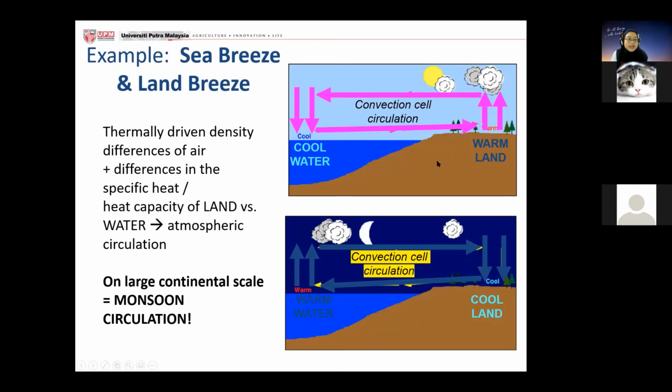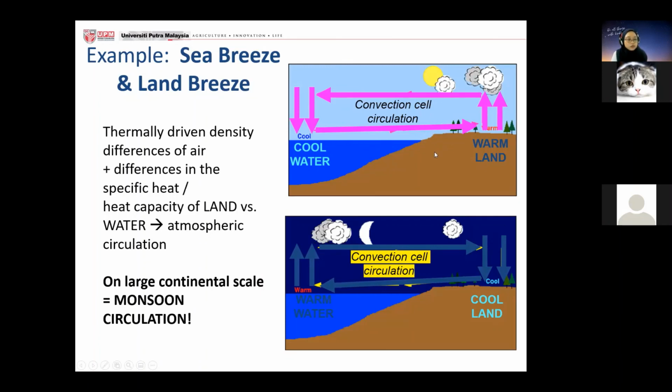So what is happening during the day, where if you remember, we talked about heat capacity last week. Heat capacity of water is actually higher compared to land. Right. So what happens during the day?